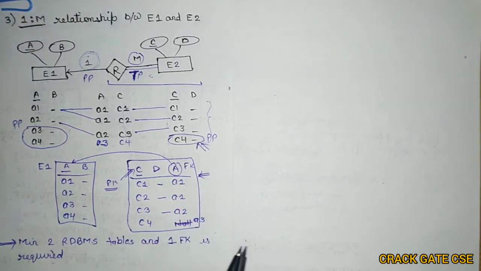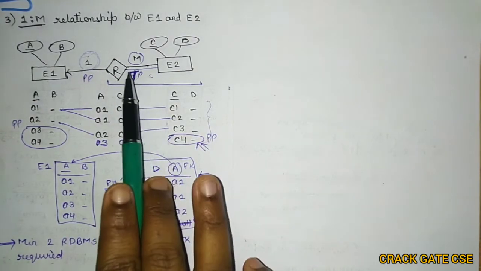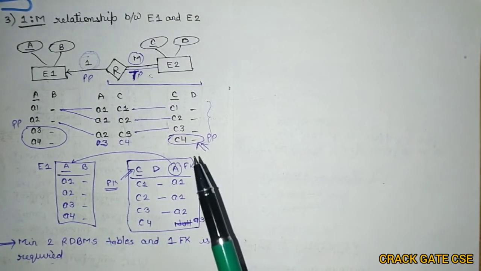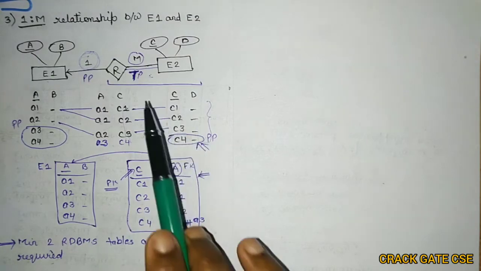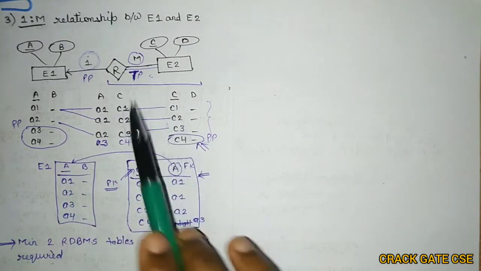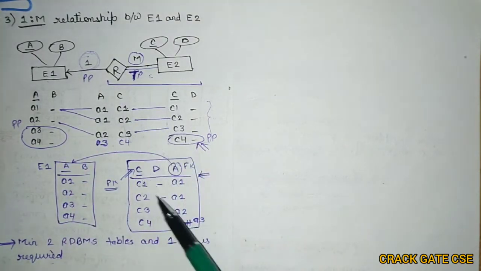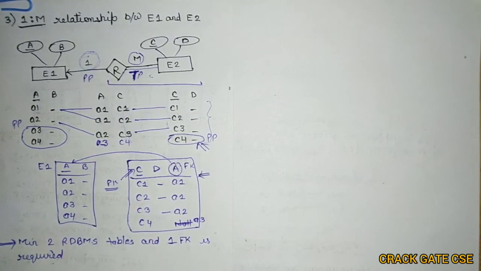So in that case also you can easily figure out that if there is a total participation on the many side, we will be able to minimize the number of tables in this ER diagram from 3 to 2, and again one foreign key will be required, right?